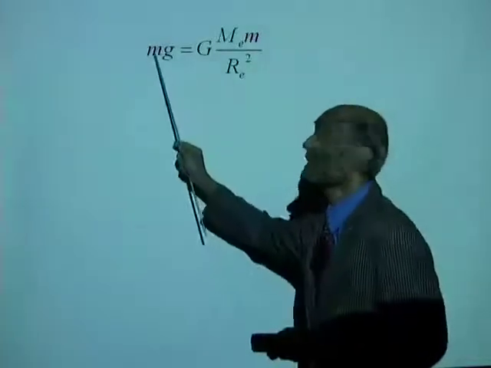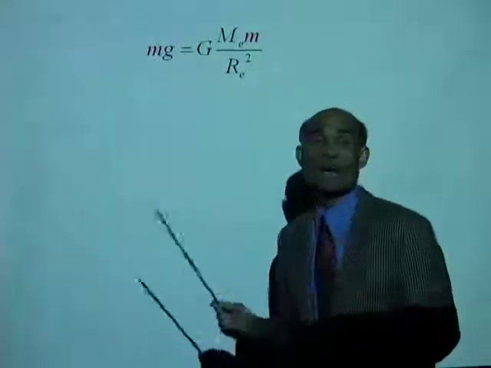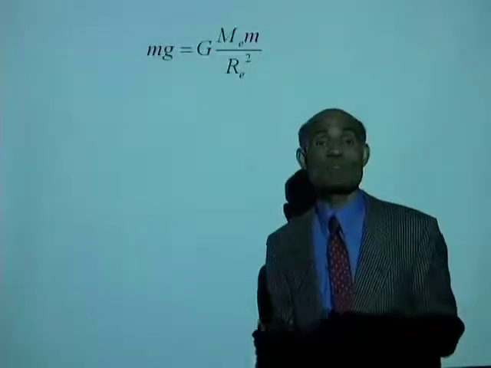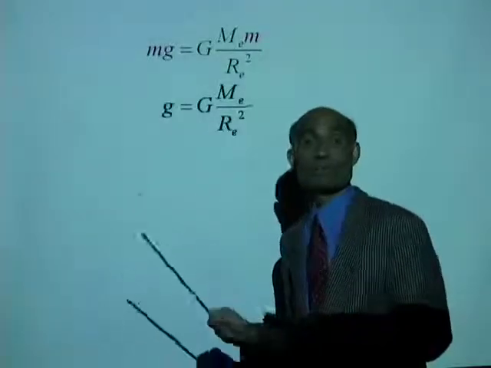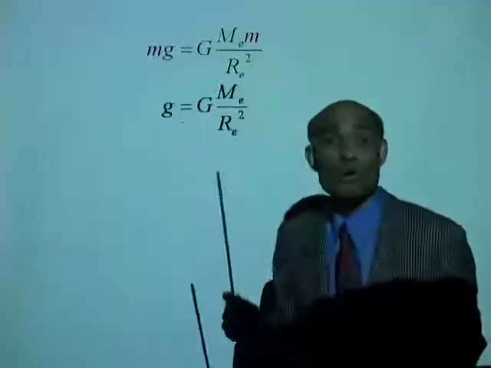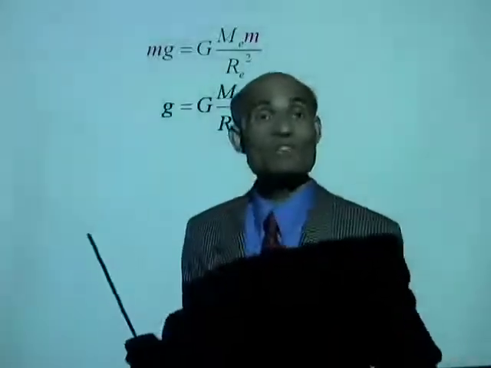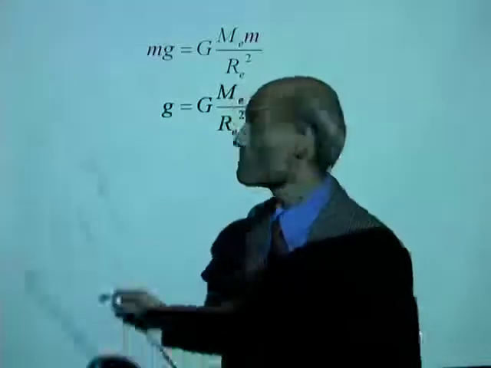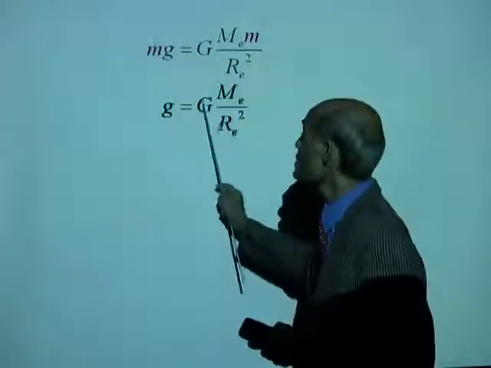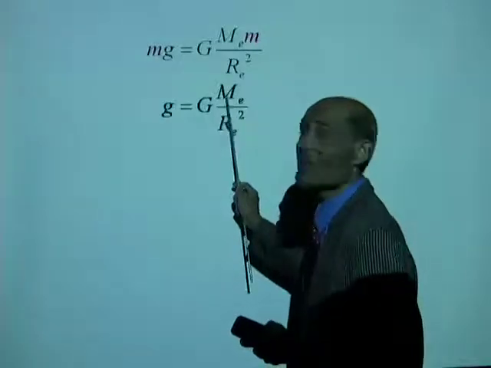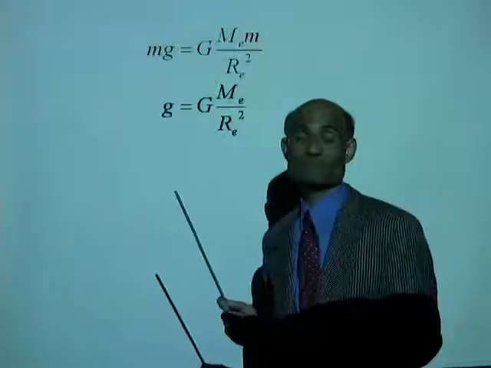And you notice that the lowercase m, the mass of the object, appears on either side, which will cancel. And what does that give you? That gives us an equation for g, lowercase g, the acceleration due to gravity. The equation for the acceleration due to gravity is uppercase G times m e over r e squared.